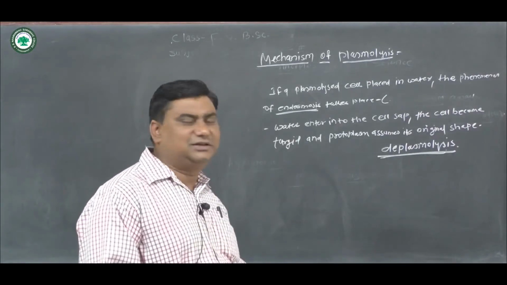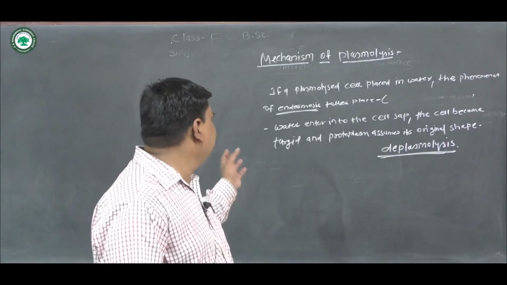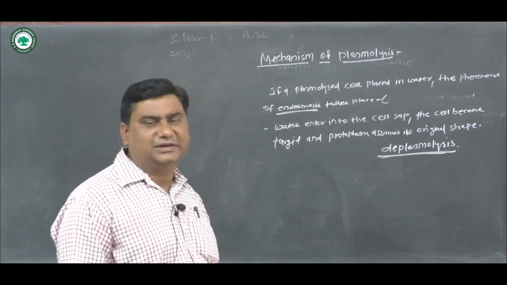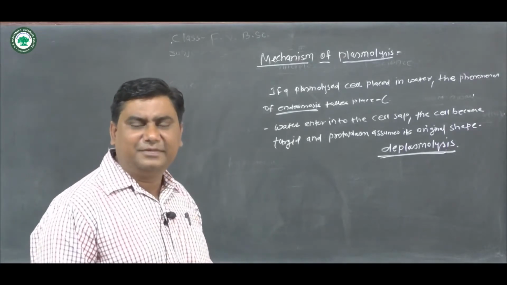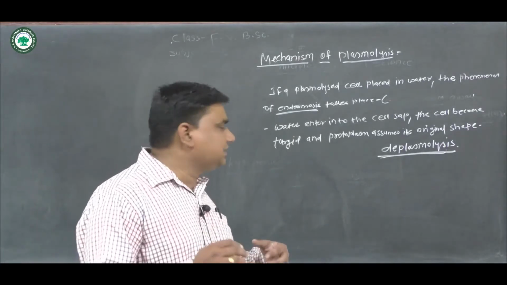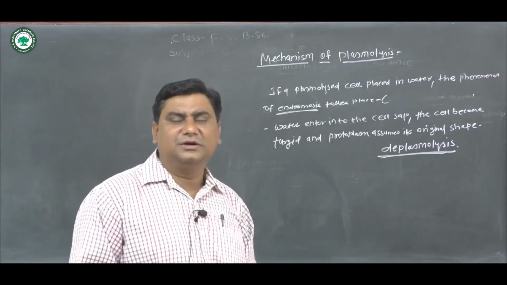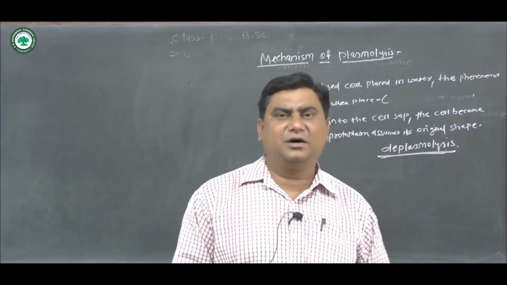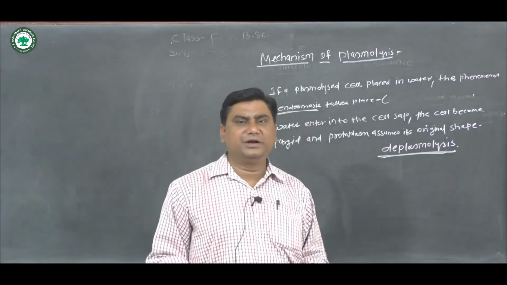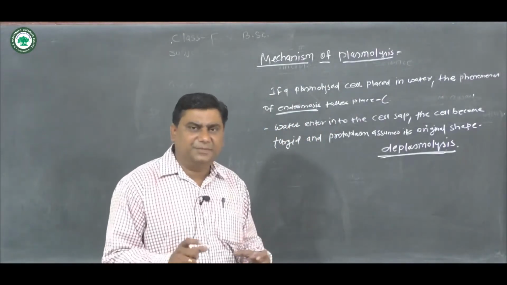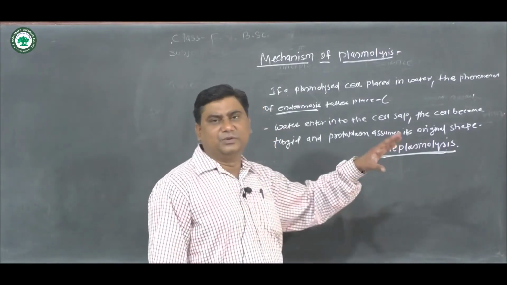If a plasmolysed cell is placed in water, endosmosis takes place, water enters the cell, the cell becomes turgid, and the protoplasm regains its original shape. This is called deplasmolysis.